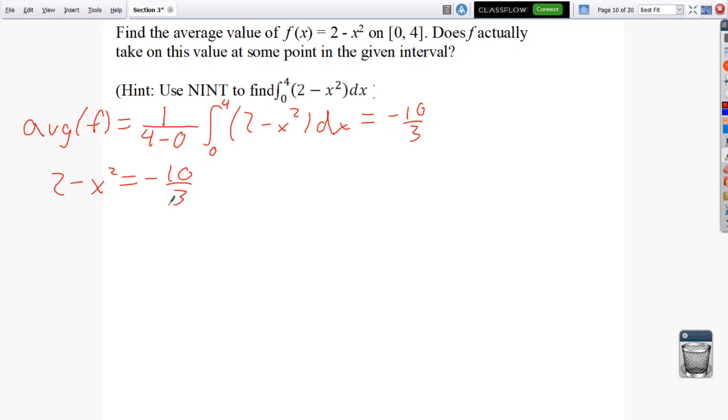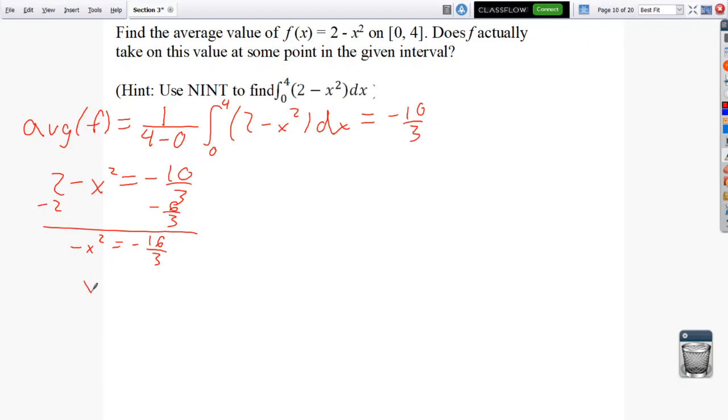Now looking at that, I could subtract 2 from both sides. I would subtract 6 thirds. I would have negative x squared is equal to negative 16 thirds.